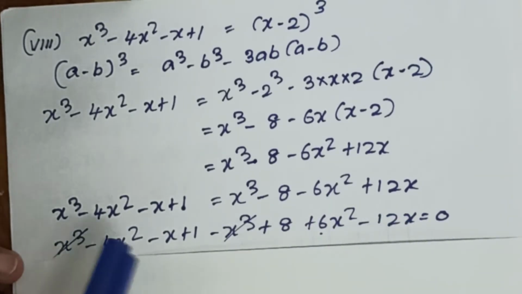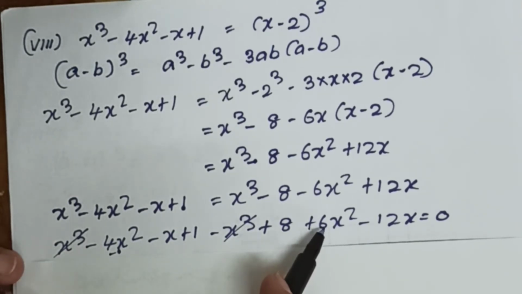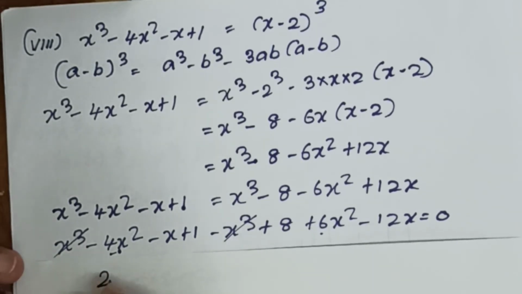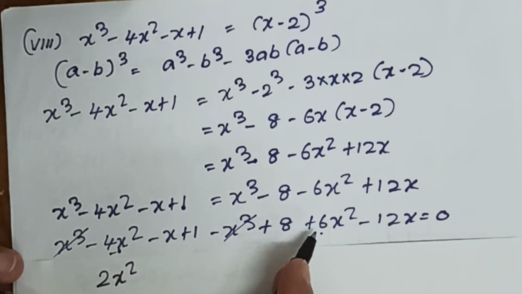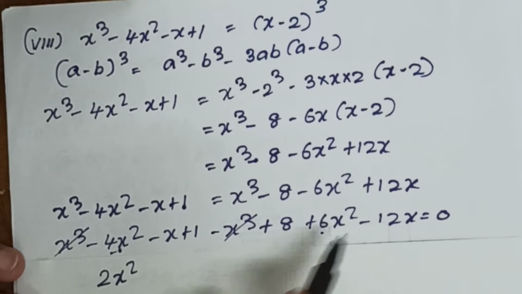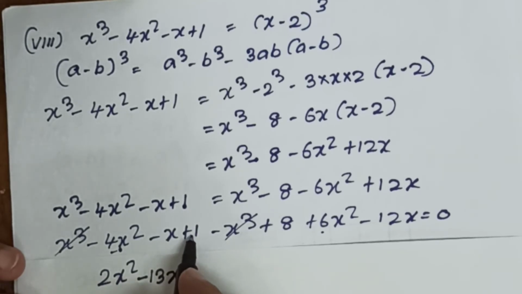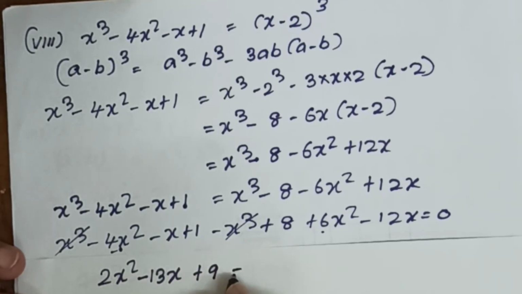Now x³ minus x³, both of them got cancelled. Now −4x² plus 6x² becomes 2x². Then −x − 12x is −13x, and 1 + 8 is plus 9, equal to 0.